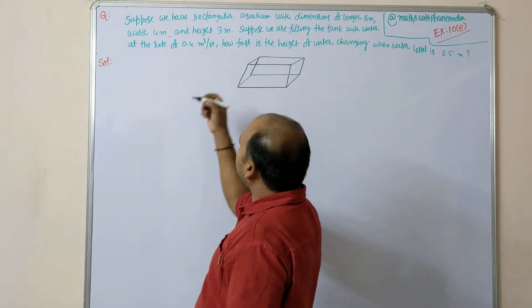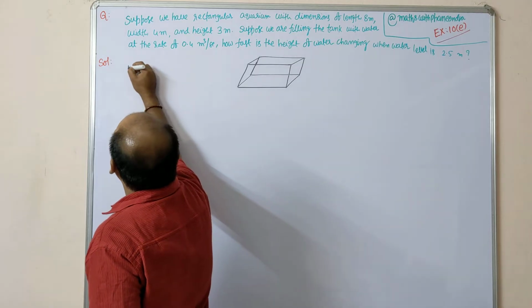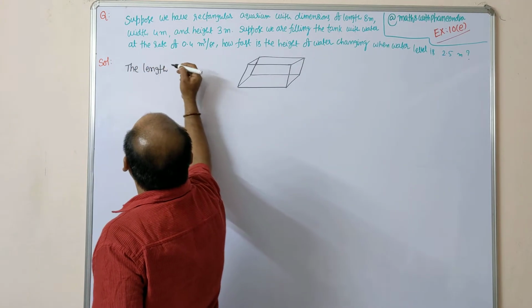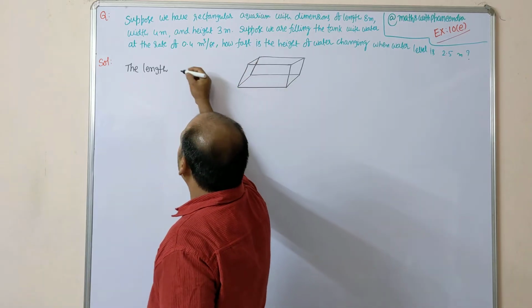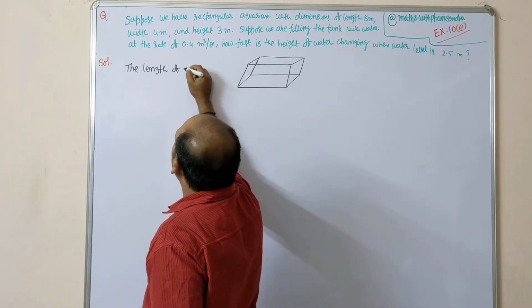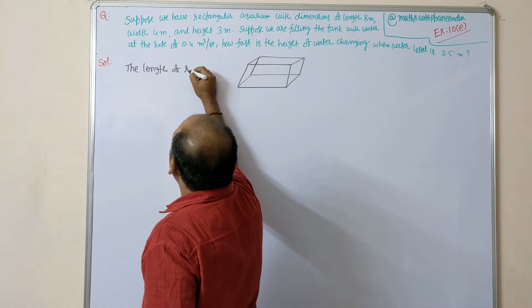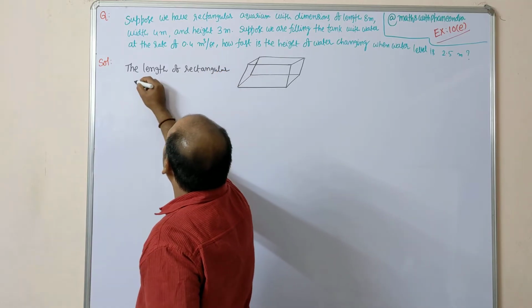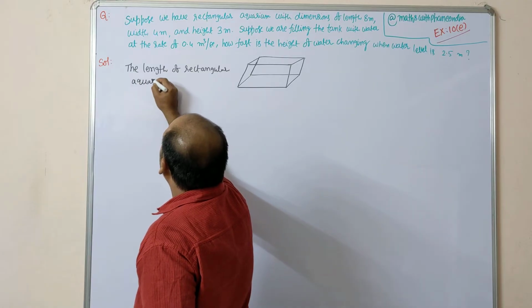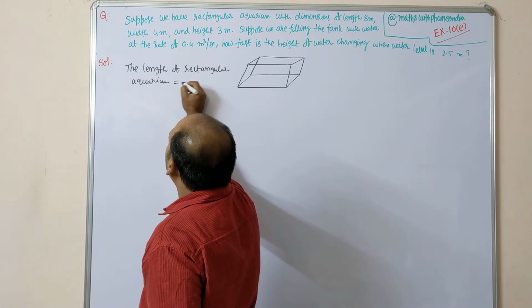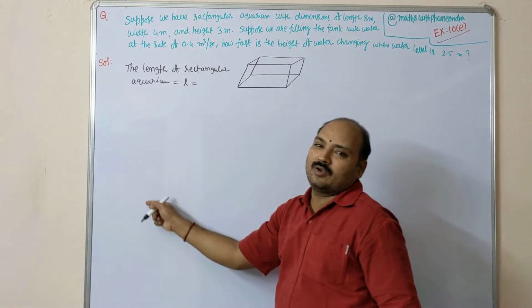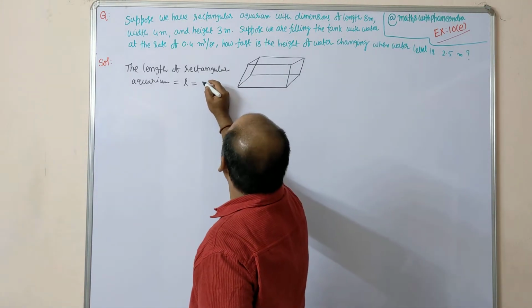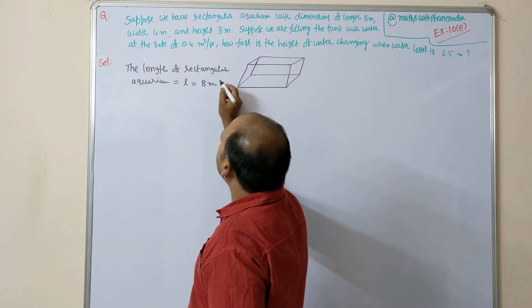Here the length of the rectangular aquarium, L, is equal to 8 meters.